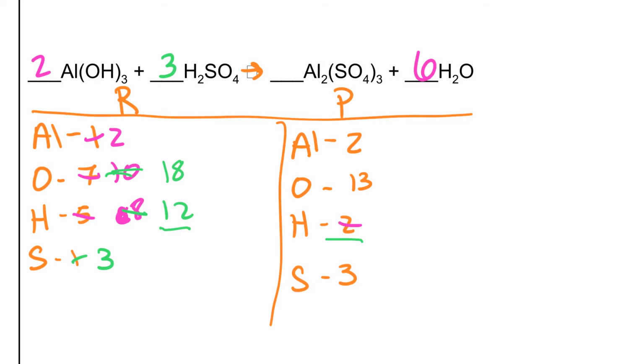And I end up with 12 hydrogens on my product side. I also end up with 18 oxygens. And if you look straight across, you have the same number of atoms on both sides of the equation.